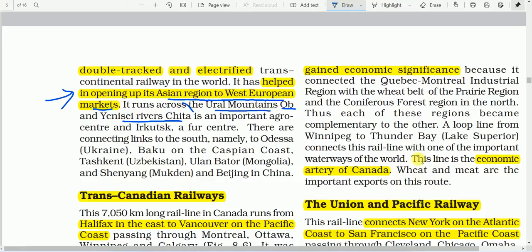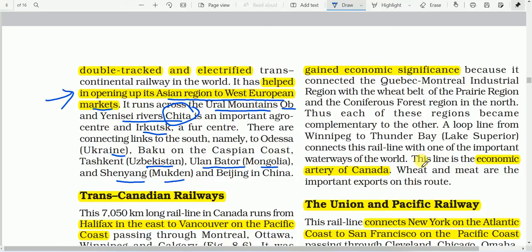Chita is an important agro center. Irkutsk is a fur center, and there are connecting links to the south, namely Odessa in Ukraine, Baku on the Caspian Sea coast, then Tashkent in Uzbekistan, Ulaanbaatar in Mongolia, then Shenyang in Mukden, and Beijing in China.